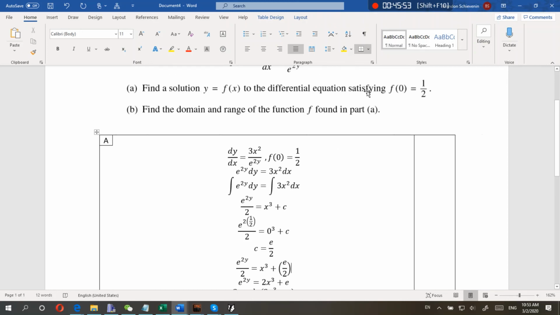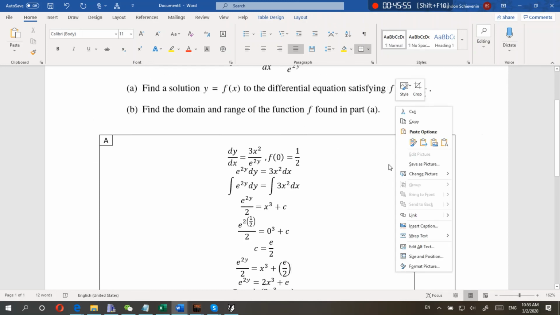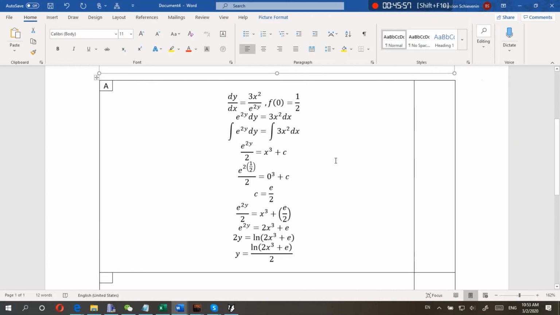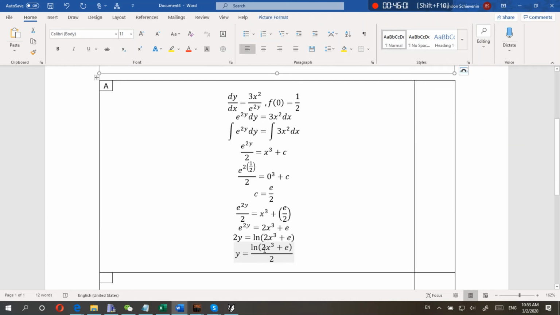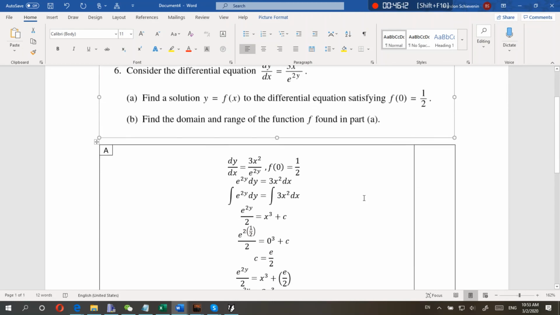Okay, so that's a solution satisfying f of 0 is 1/2. And I can check when I plug in x equals 0. I'll get ln e, which is 1, divided by 2 is 1/2. Any questions on our first part?